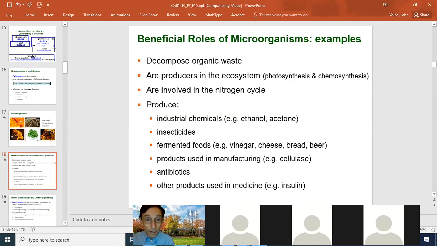Microbes are also important in being producers in the ecosystem. They can be photosynthetic producers or chemosynthetic producers. The photosynthetic producers are important because they convert sunlight, carbon dioxide and water into glucose, the energy of glucose, and then they produce oxygen. The chemosynthetic organisms are similar, it's just they use chemicals to make their own food. Any question about any of that?